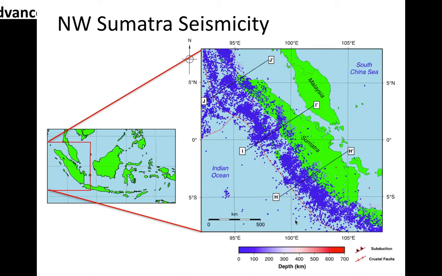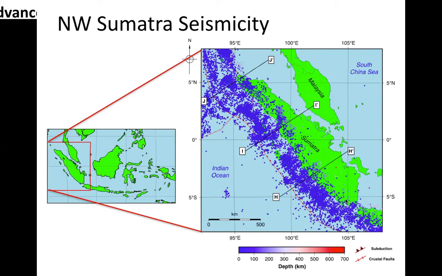In this area, once again, the Indo-Australian plate is converging to the north-northeast with the Sunda plate. So the farther we move to the northwest along the subduction zone, the more oblique the motion becomes, with a considerable dextral strike slip component being accommodated by the Great Sumatran Fault, which runs the approximate length of Sumatra, not shown here.